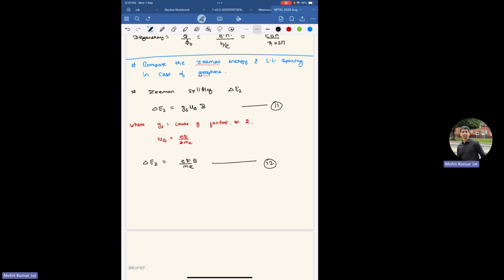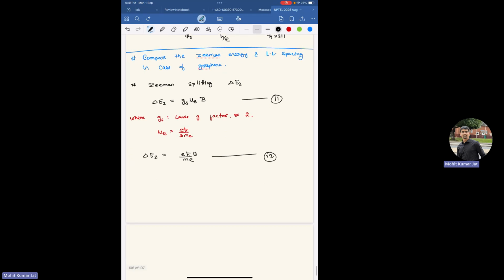Now this is done for the Zeeman splitting, but you'll have to now calculate the successive Landau level spacing. So delta E LL, let me call it En plus 1 minus En.